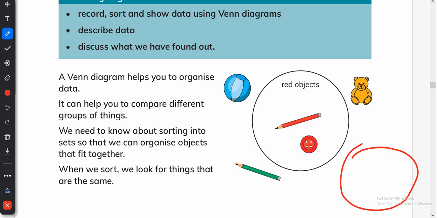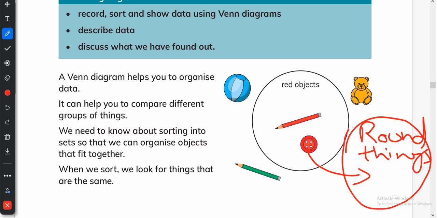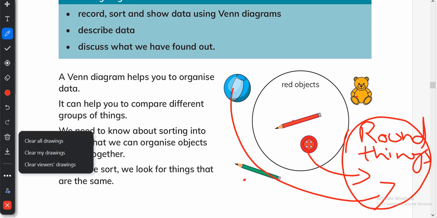Sort the round things. With the same data, if you have a circle saying round things, then you will put the button in it and this ball, and the rest of the things will remain outside the circle.